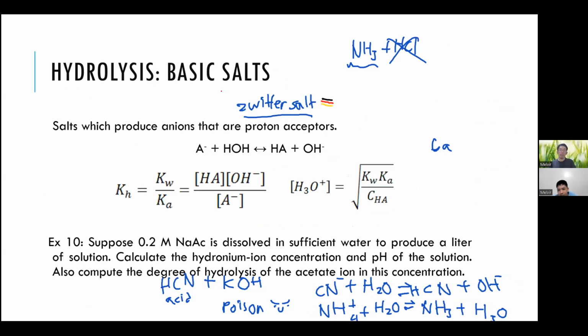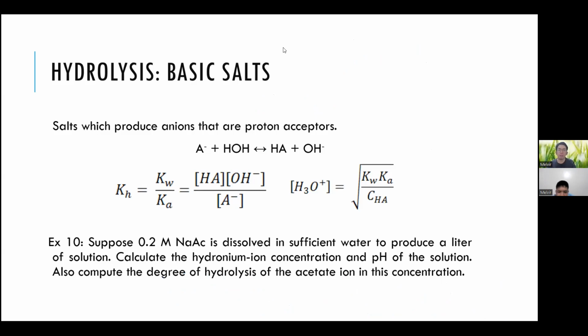Okay, let's study them one by one. Let me clear all the drawings first. So salts which produce anions that are proton acceptors. So let's say, meron kang acetate, or anion rather, hydrolysis with water will form the weak acid.